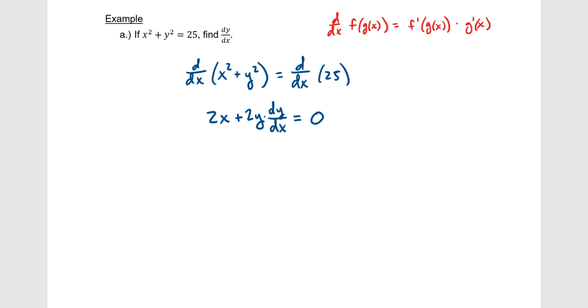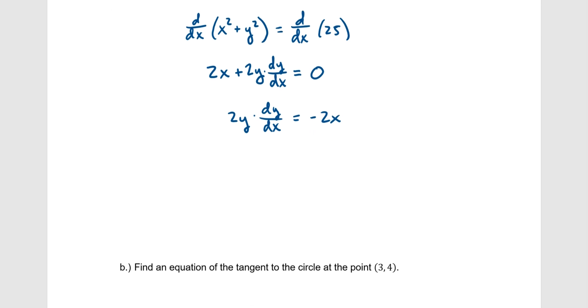Now we have this added step of actually solving for y prime, in this case denoted dy dx. So all we have to do is subtract 2x to the right. We get 2y dy dx equals negative 2x after we subtract that to the right. And now we can divide both sides by 2y.